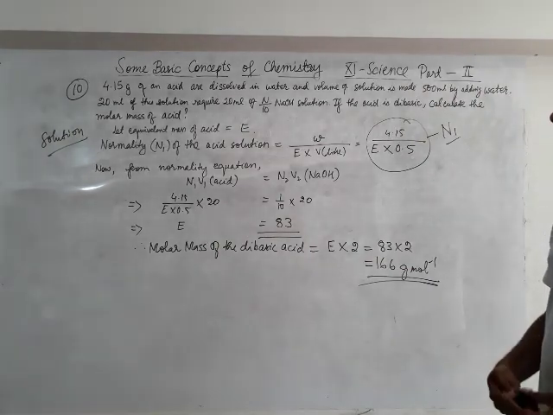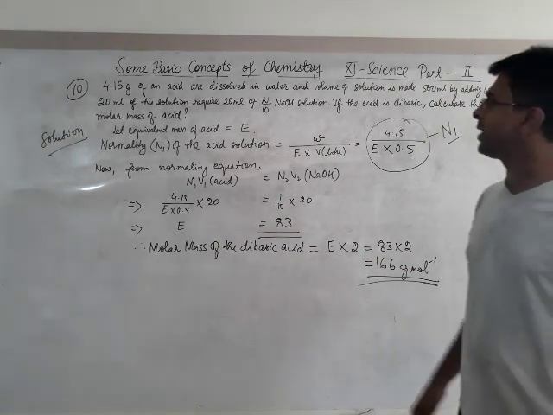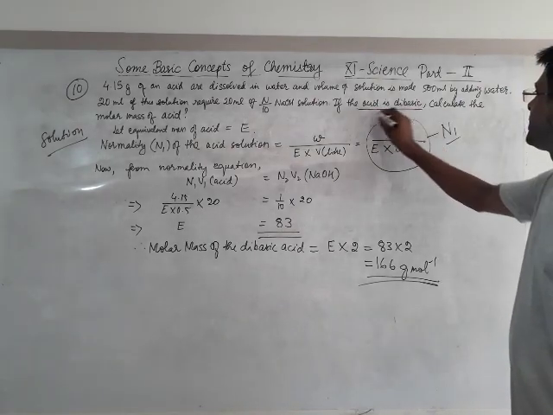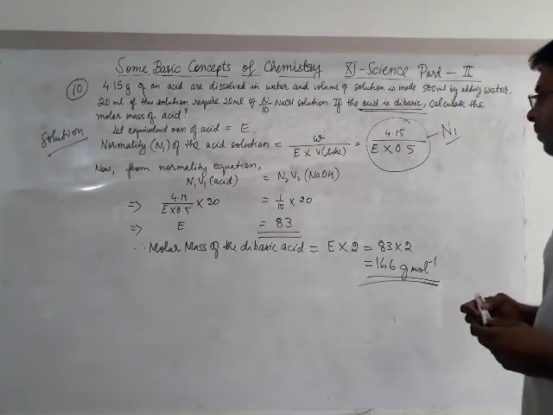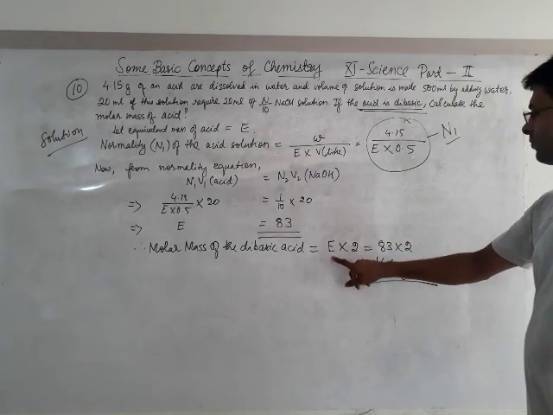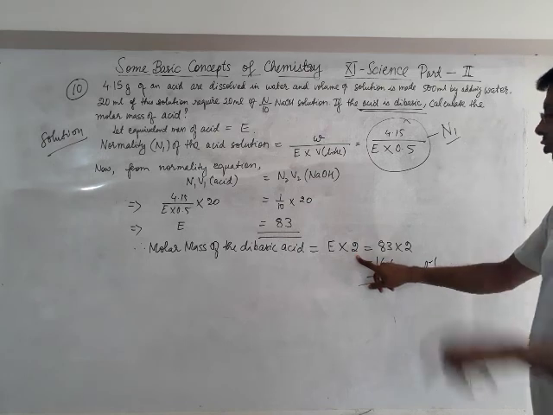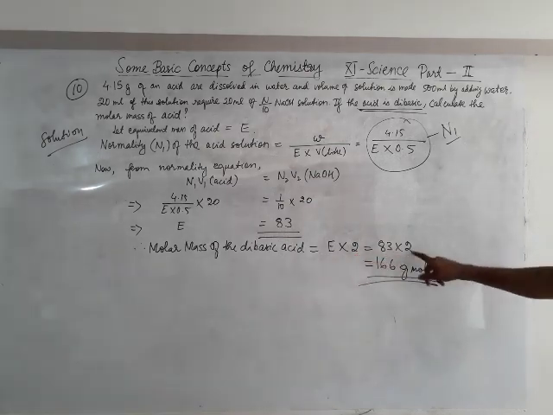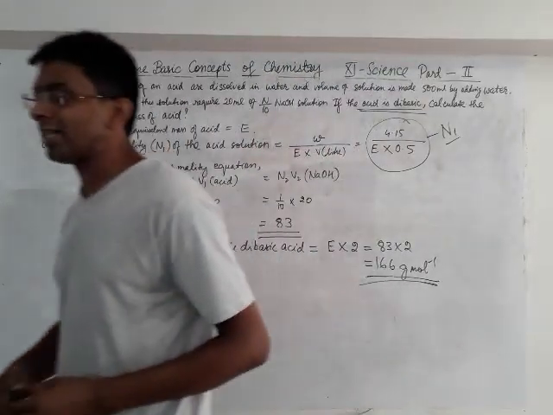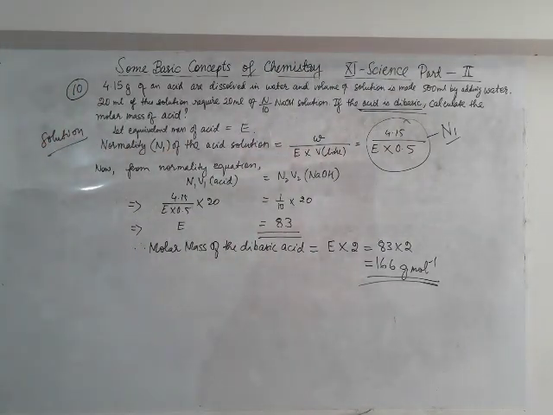Now since the acid is a dibasic acid, if you multiply the equivalent mass of the acid by 2, dibasic means 2, so E into 2, 83 into 2 will give us 166 grams per mole, which is the molar mass of the acid. So this is how we are going to solve this sum.